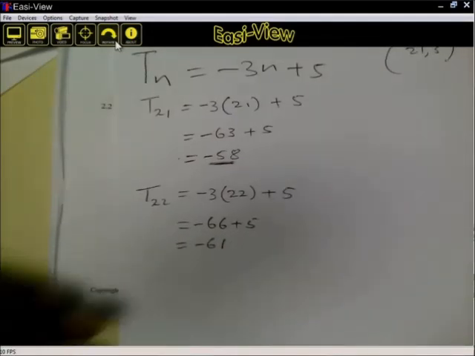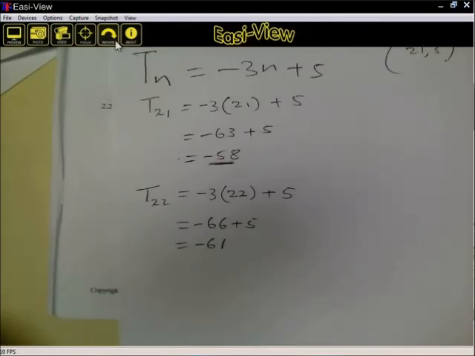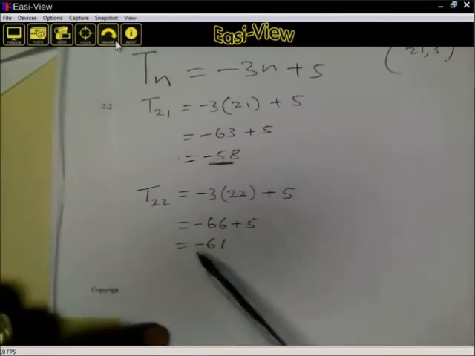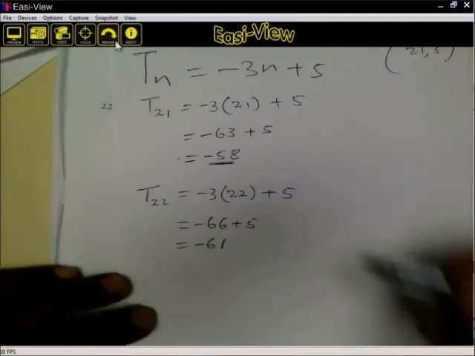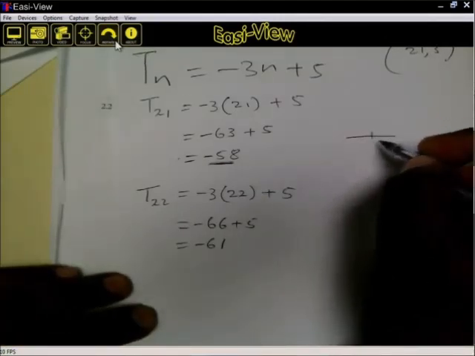Now, for us to know which number between negative 58 and negative 61 is the first to be less than negative 59, we just make a simple example of a number line.